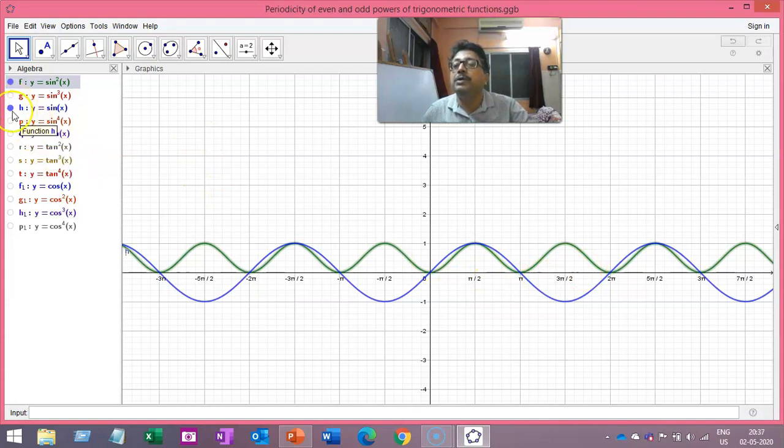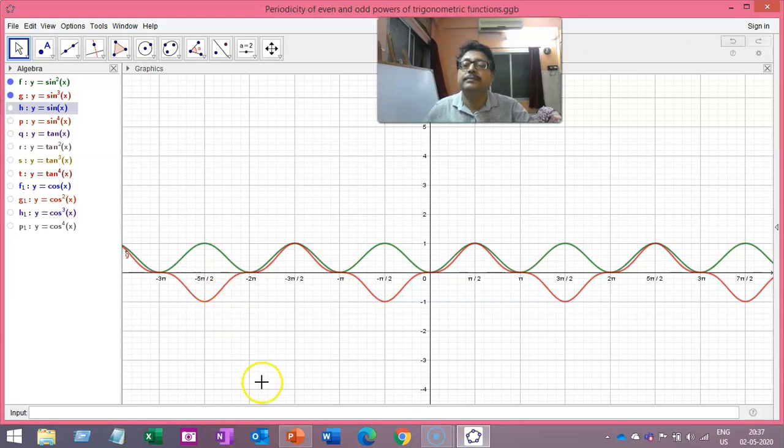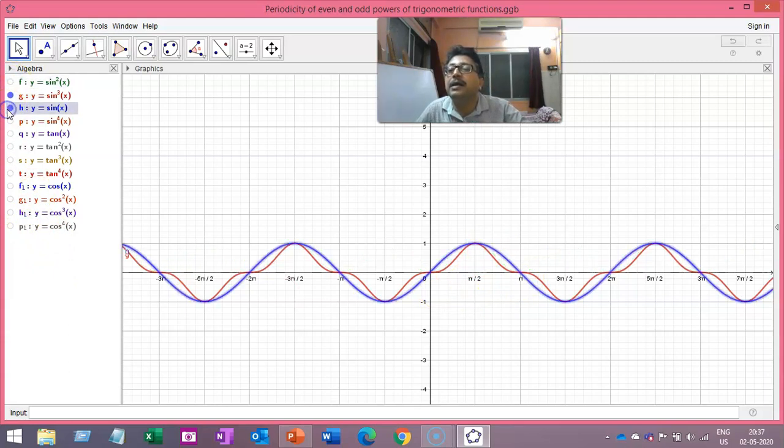What about sin cube x? Here in the graph, I have sin x and sin cube x. See, the nature is repeating in a length of interval 2 pi. Sin x graph and sin cube x graph.